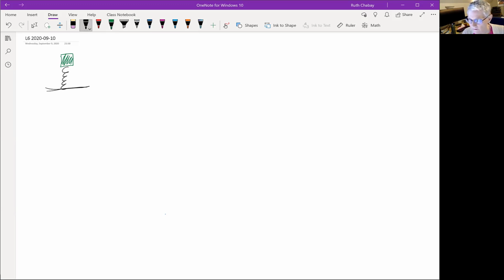We could have a spring hanging from the ceiling and an object suspended from it. We could have a spring attached to a wall and extending horizontally, and an object sliding on a low friction surface here.